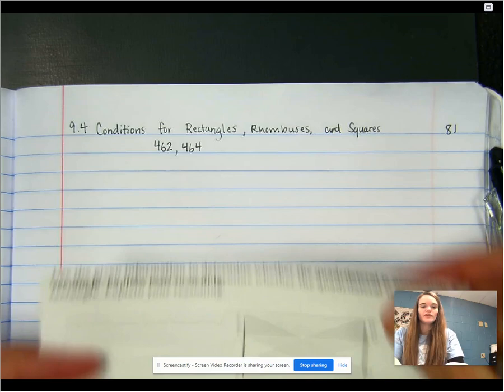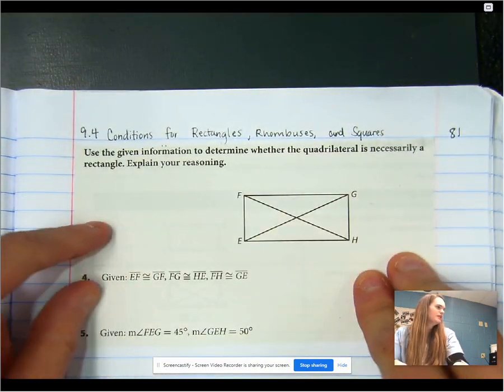Okay. From 462, you need to glue in this.